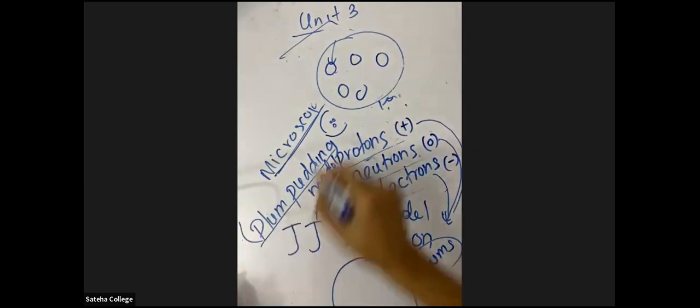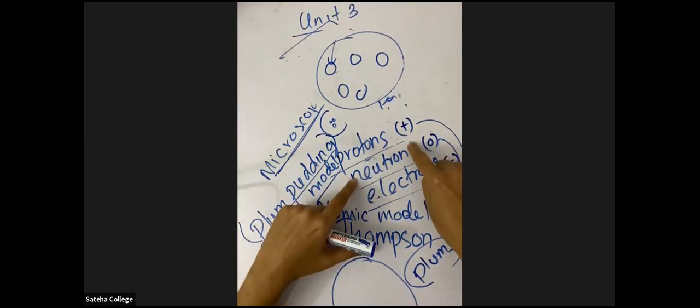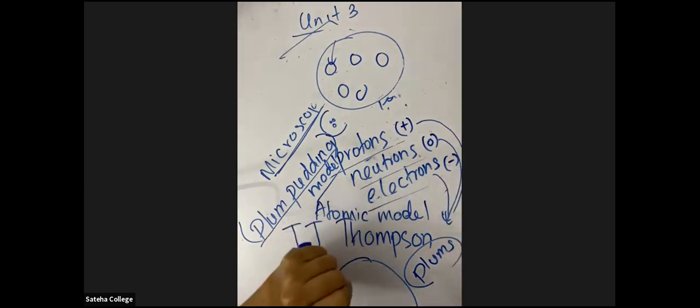That model they named the plum pudding model. So what is said in the plum pudding model? An atom is a pudding mixed with plums. The plums were the proton, neutron, and electron.